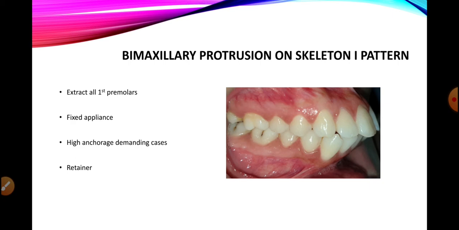So in cases of bimaxillary proclination with competent lips, and in cases of bimaxillary proclination with so much incompetent lips that the lip to lip seal will not be achieved at the end of the treatment, in those cases a fixed retention is mandatory, a must. Whereas those cases of bimaxillary proclination which have incompetent lips but good muscle tonicity, and we are anticipating that at the end of the treatment there will be a good lip to lip seal, those cases are more stable.